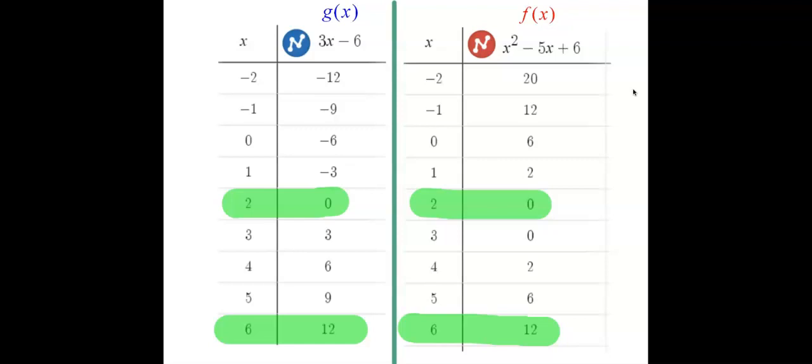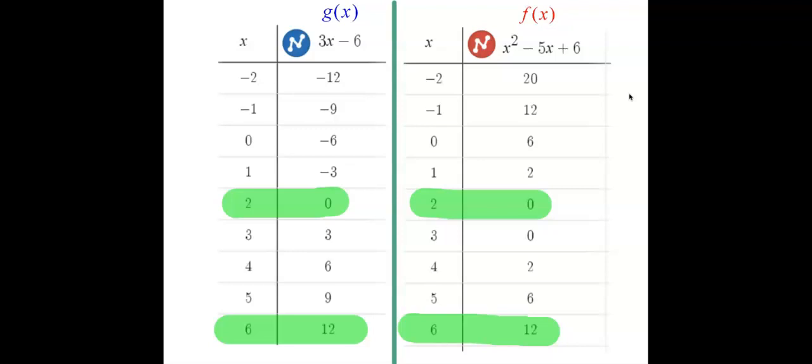So, no solutions meaning imaginary, same thing as two imaginary, one real solution, and then two real solutions. So if we had two lines, it would be no solutions where the lines are parallel, one solution when the lines cross at one point.